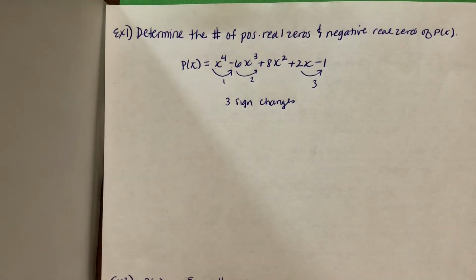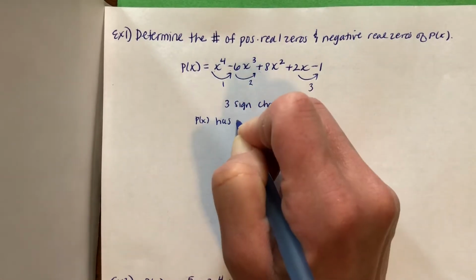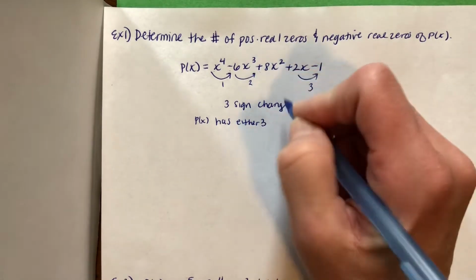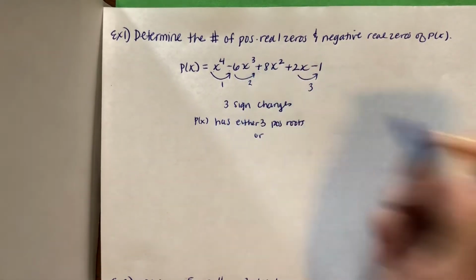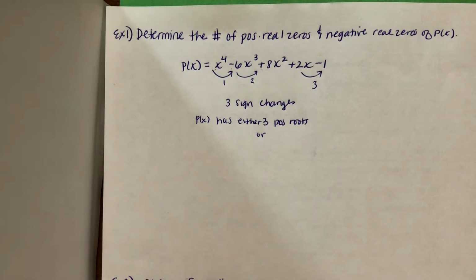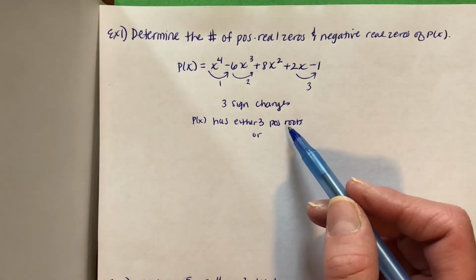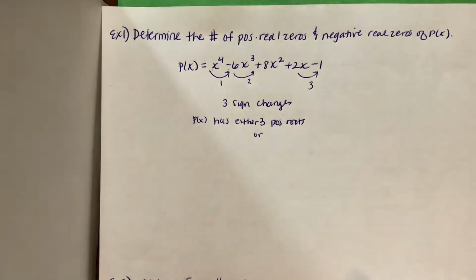And so that says that p of x has either 3 positive roots, or, do you remember from the previous page I was showing you that it either has this many positive roots or is less than the number of variations by a positive even integer?